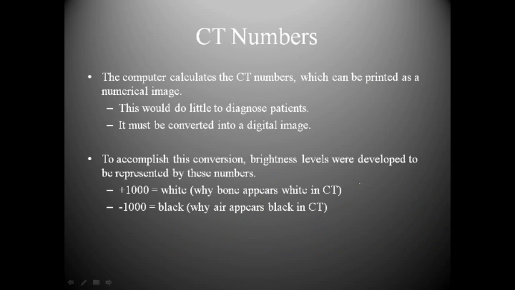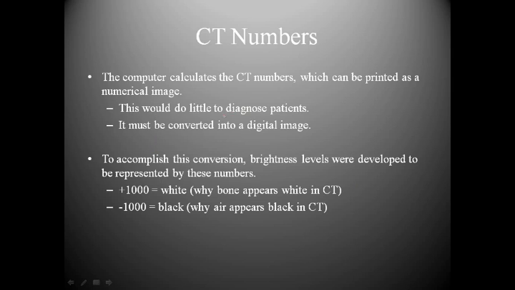The computer calculates the CT numbers, which can be printed as a numerical image. While we could print out a huge matrix of numbers and it would look pretty amazing to see all these numbers on a sheet of paper, it wouldn't do much for the patient.